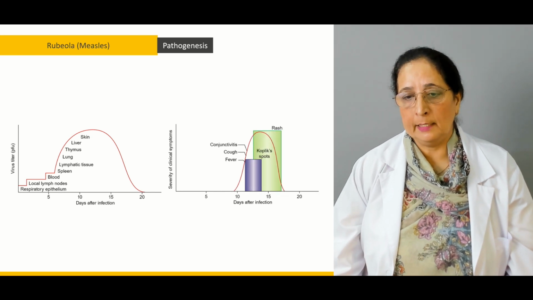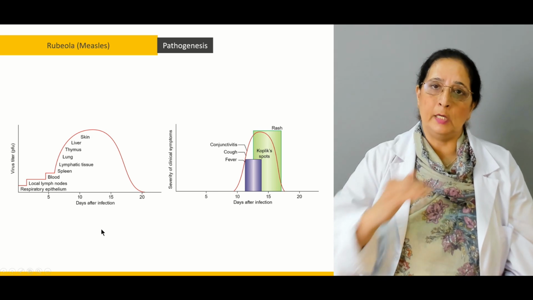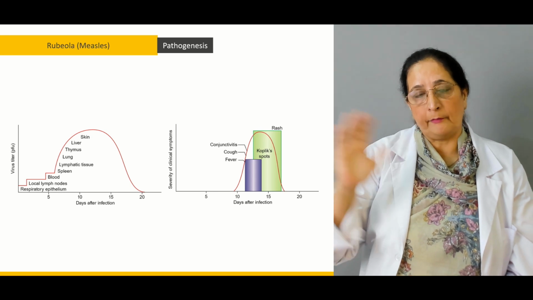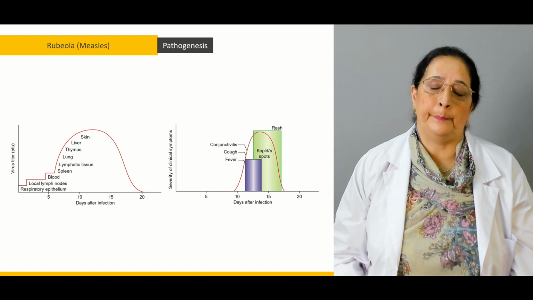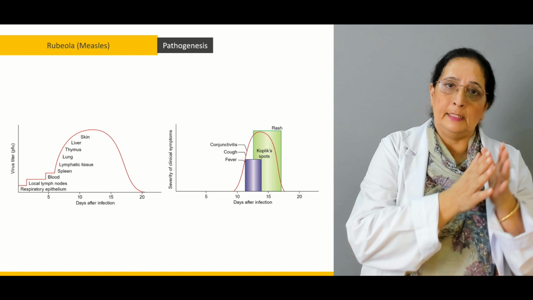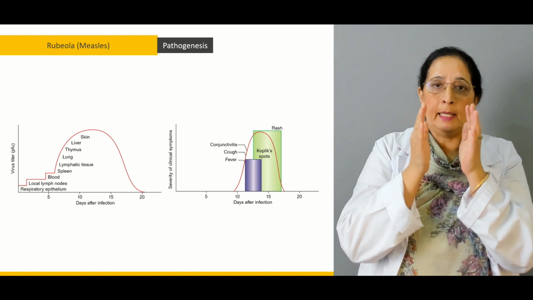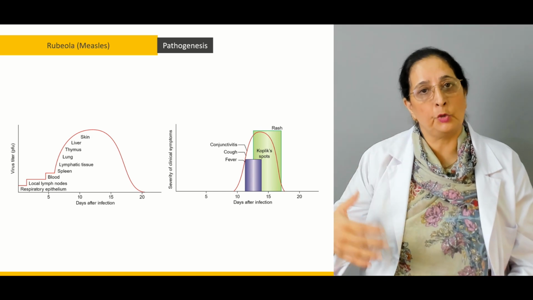Then again, the severity of clinical symptoms. Involvement slowly occurs in the first 10 days, and then in the second half, after 10 days, the symptoms appear more. In the first half the organs are affected and the level of virus increases, and then in the second half the clinical symptoms mostly start showing.